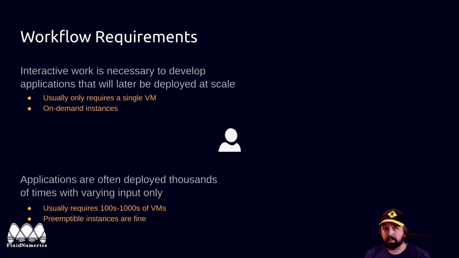This is much different than computational fluid dynamics or other use cases where people are using things like MPI, and those thousands of processes need to be tightly coupled to each other.